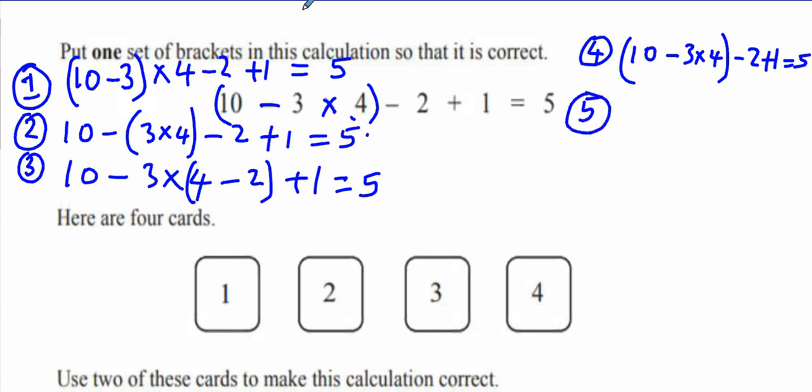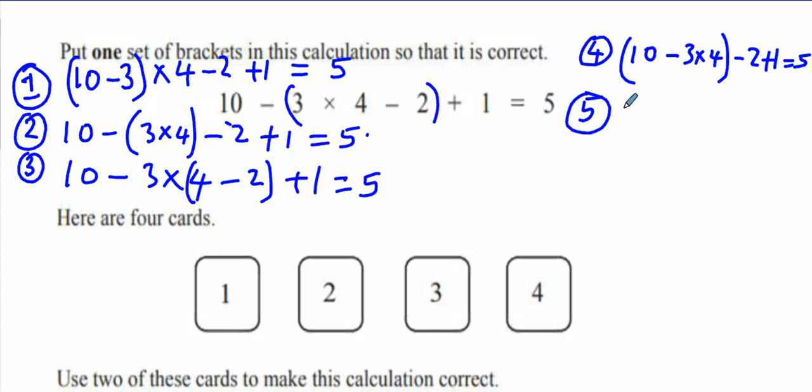Another possibility is putting which signs in brackets. Okay, let us do this and this.